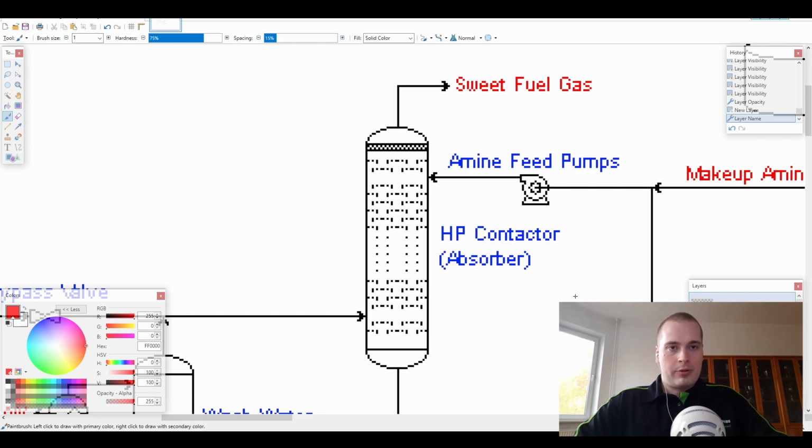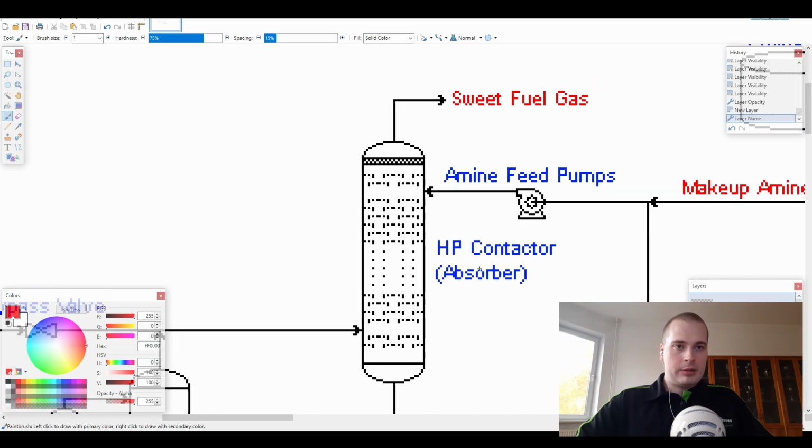Here our acid gas interacts with the amine solution, and the amine solution absorbs the acid gas from our product, and as a result we are left with just the hydrocarbons. The amine solution absorbs hydrogen sulfide and carbon dioxide into it and carries it away.